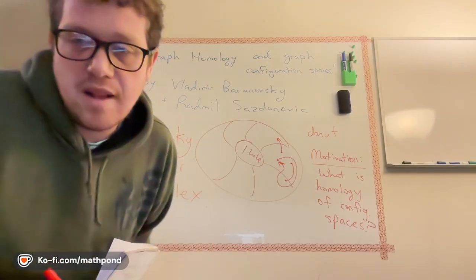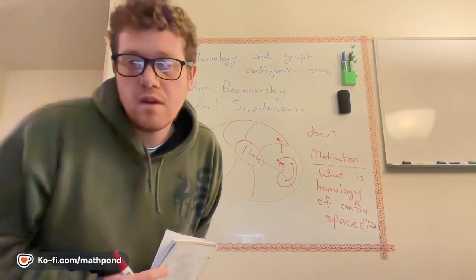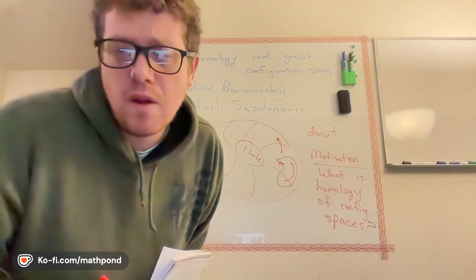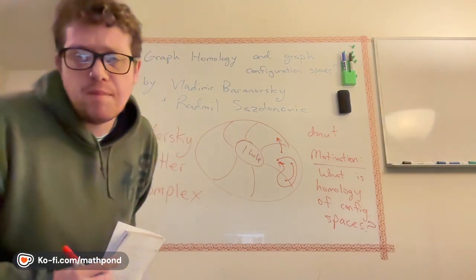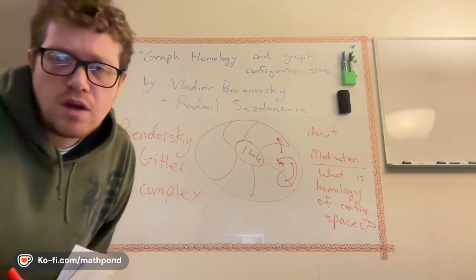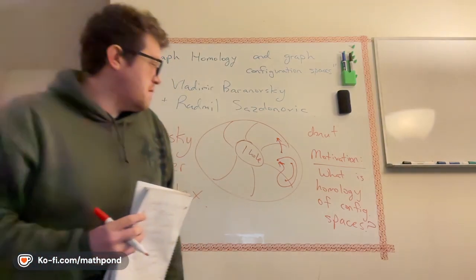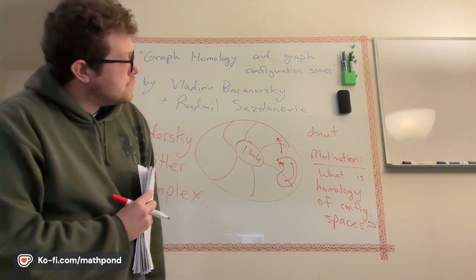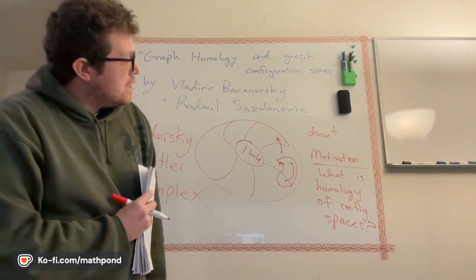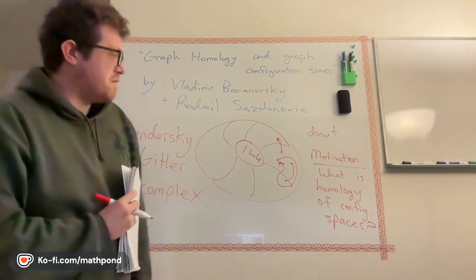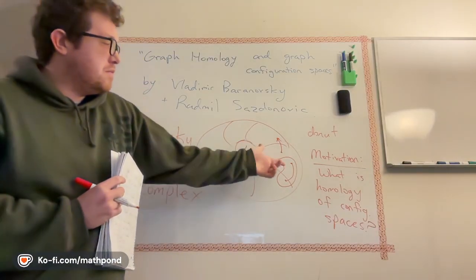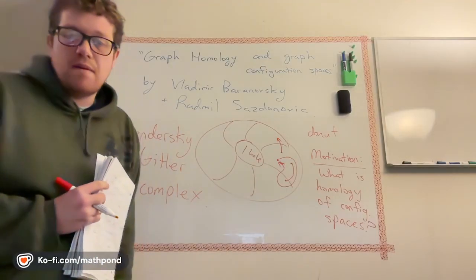Right, they're not allowed to be the same point. Let me be a little bit more specific. There are different notions of the configuration space. If you let the points overlap, then you just have M to the n, right?